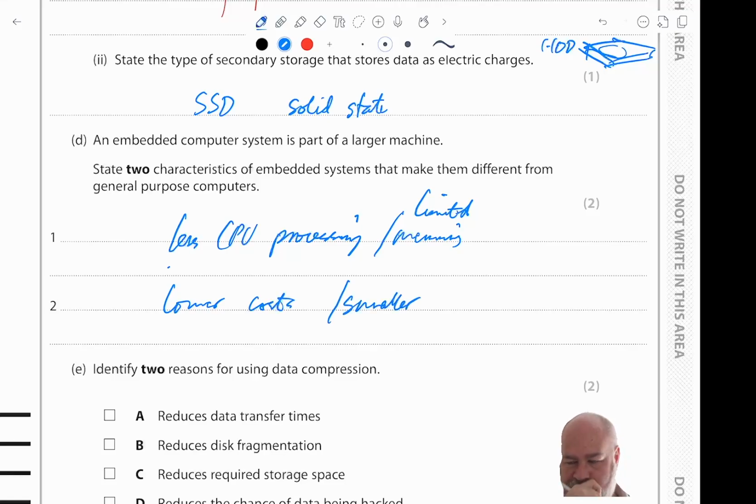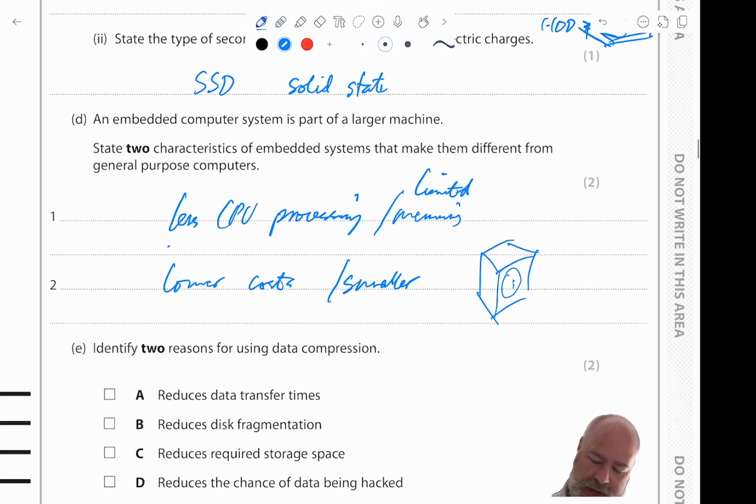Think of your webcams or something like that. That might be security cameras. They might have a very limited user interface, or a washing machine is also a good one, isn't it? A washing machine is an embedded system. It's got all these functions in it, and it's not being used as a general purpose computer where we can load different programs on and run them.